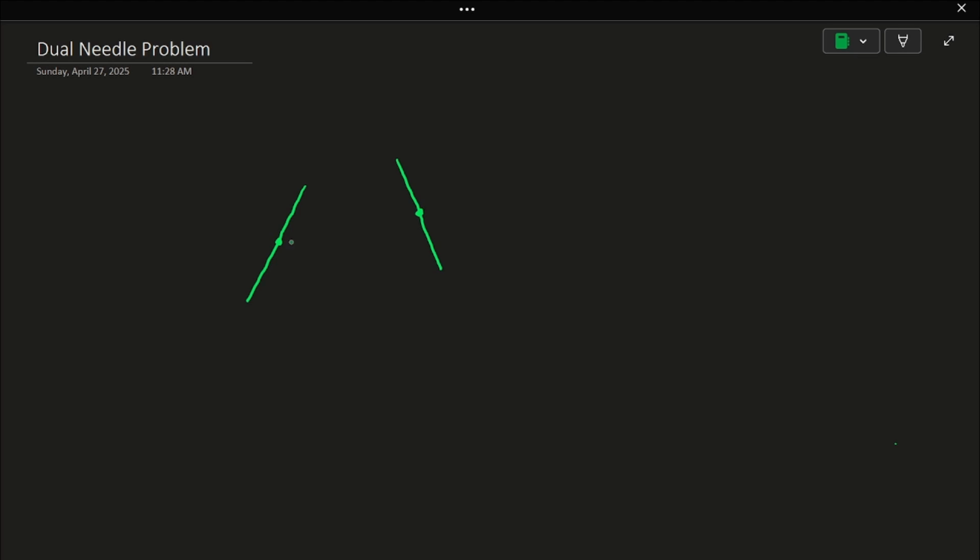Now, assuming that each of these needles has a length of exactly 1 unit, and the distance between them, I'll call that d, d is no greater than, so it's less than or equal to, r units. What is the probability of the two needles intersecting in terms of r?